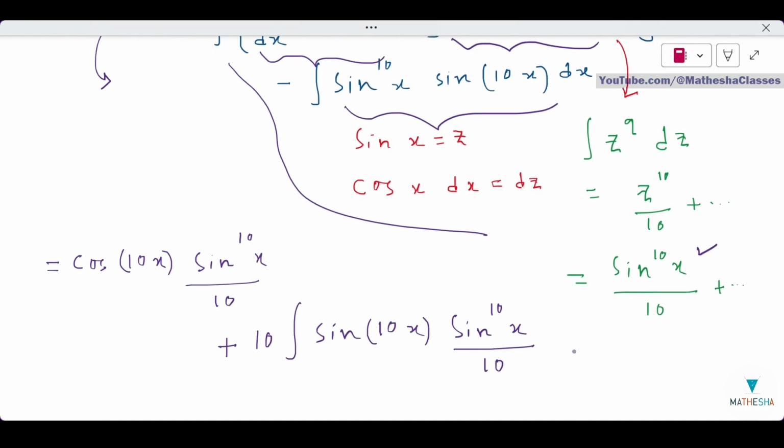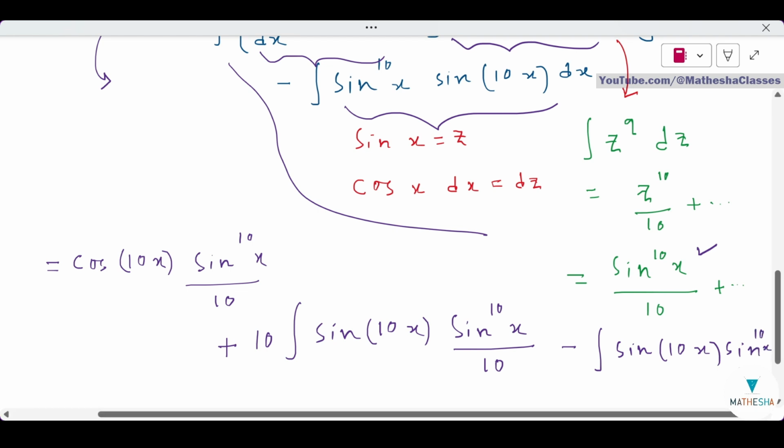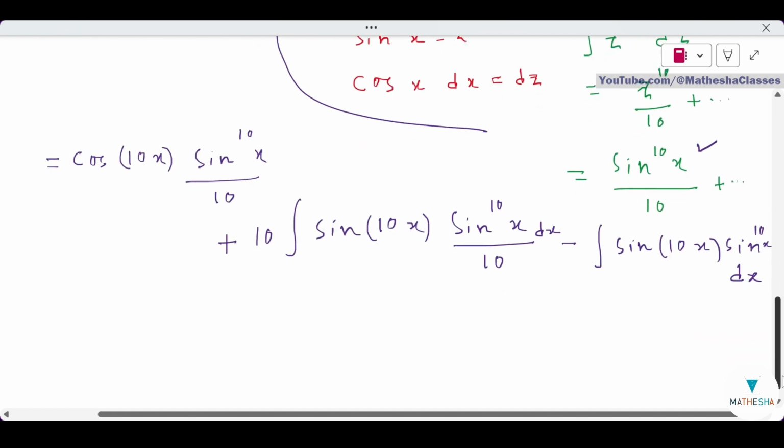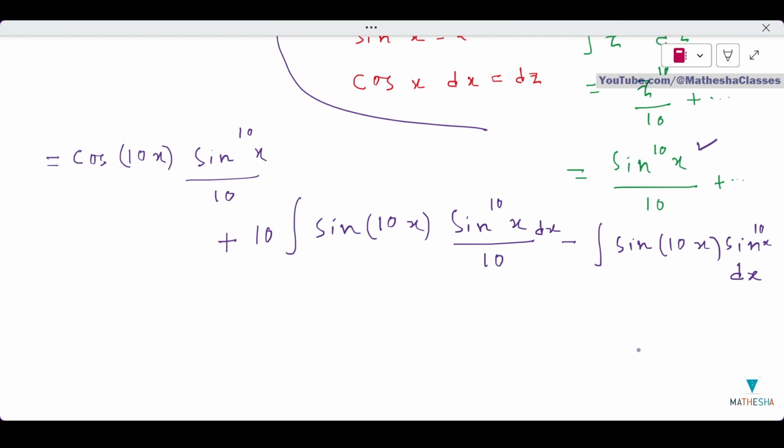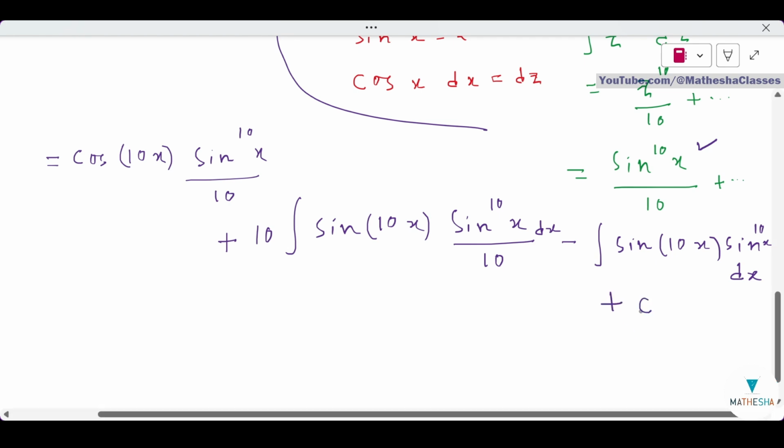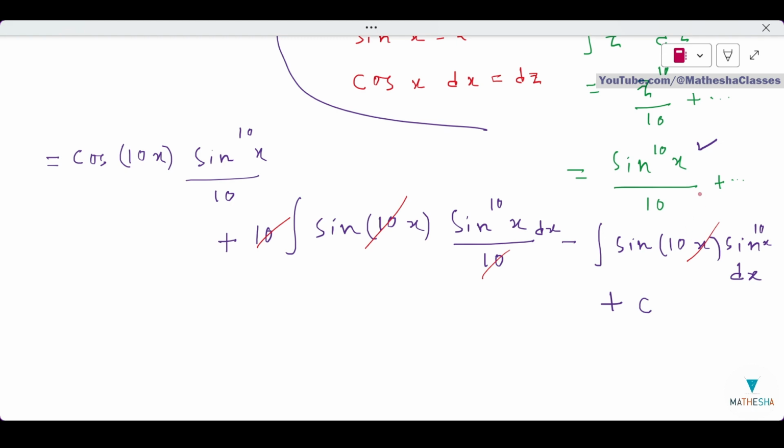So the last term is minus integration sine 10x sine to the power 10x dx, dx here as well, plus some constant, and we can see the 10 will get cancelled, and consequently these two terms will get cancelled.